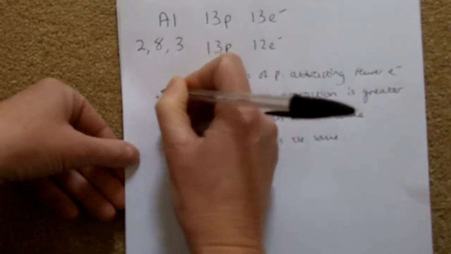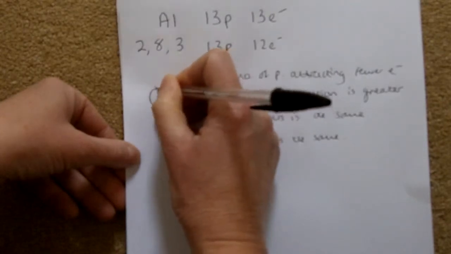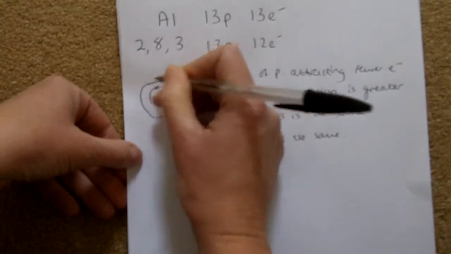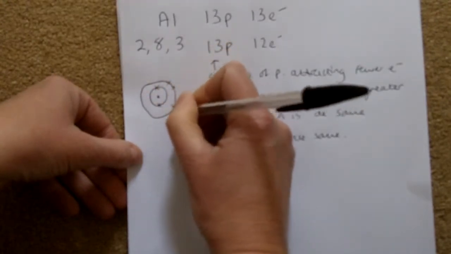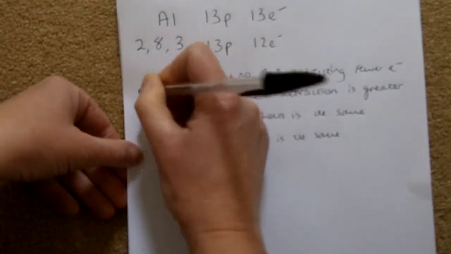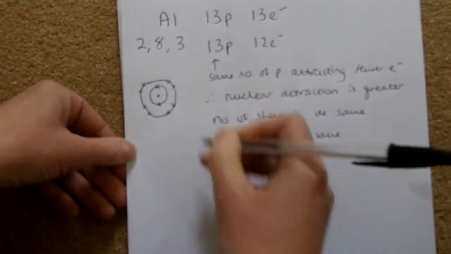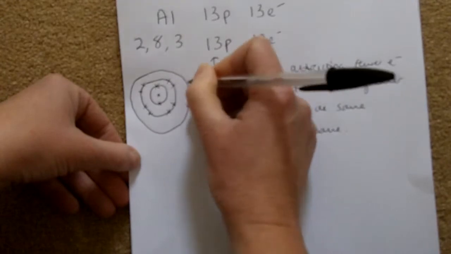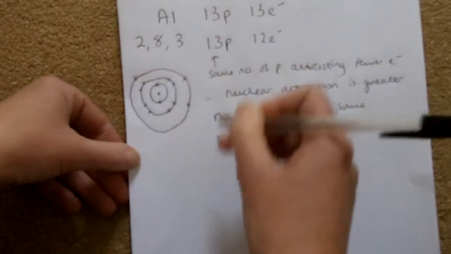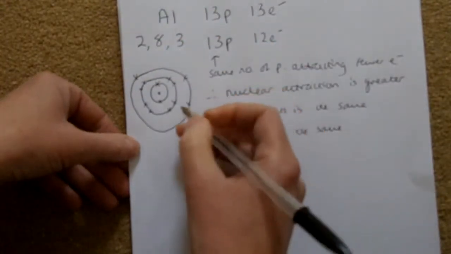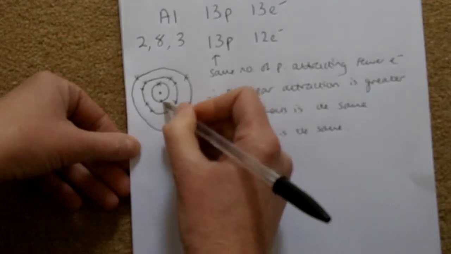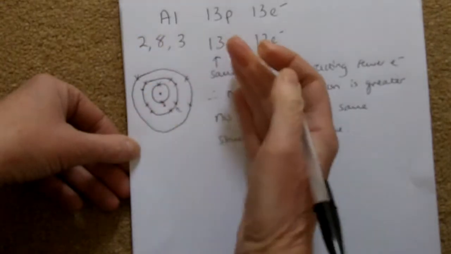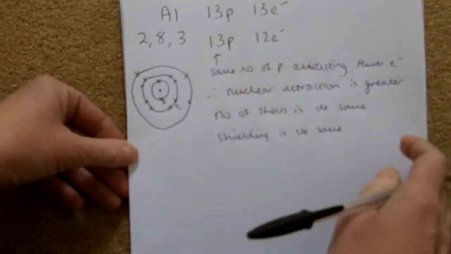So you've got your nucleus, you've got your 2 electrons in the first shell, then you've got your 8 electrons in the second shell, and then you've got 3 electrons in the third shell. Okay, so the shielding is the repulsion between the inner electrons, repelling and then pushing the outer electrons further away.